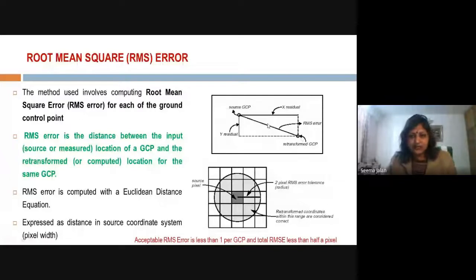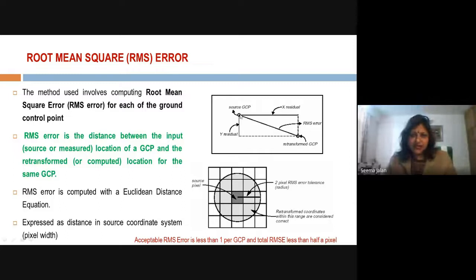How can I measure this shift? This has an xy value. This has again an xy value. Suppose this is 2, this is 2.4, this is 3, this is, say, 2.7 maybe. So there is a difference.